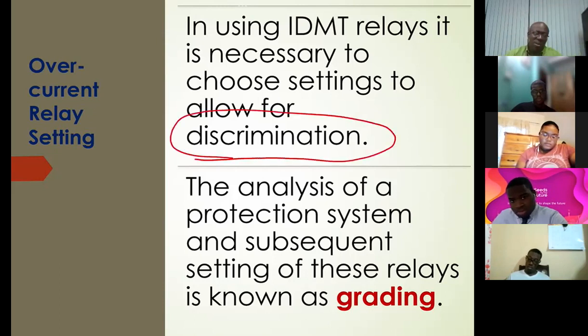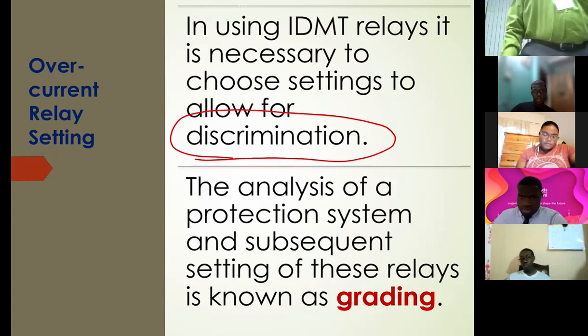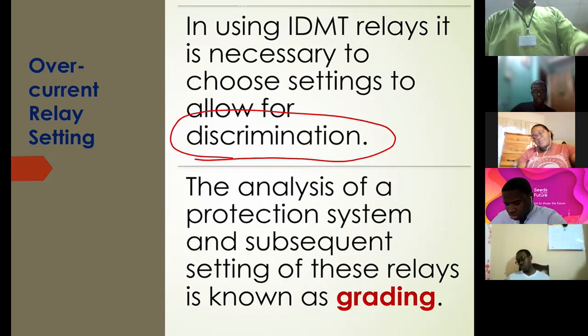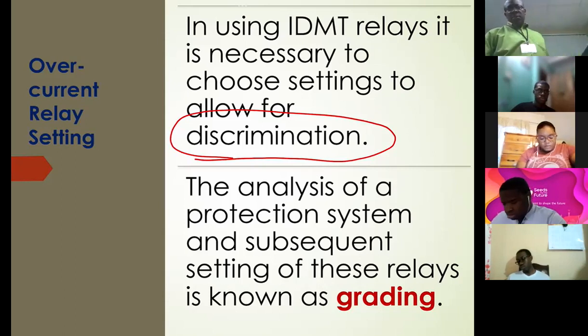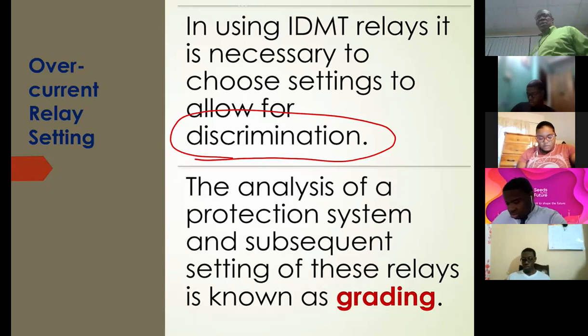It will allow for discrimination, right? And that activity that we are going to get into is known as grading. So we're going to look at a grading exercise. How do I go about setting some relays to ensure that I get the discrimination?